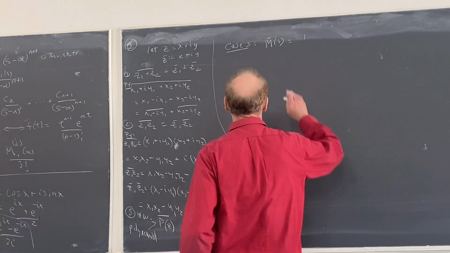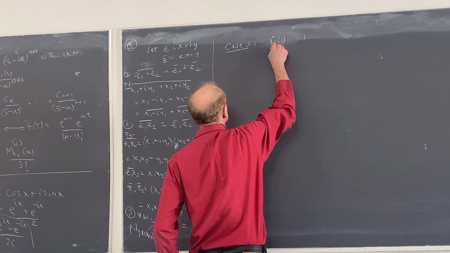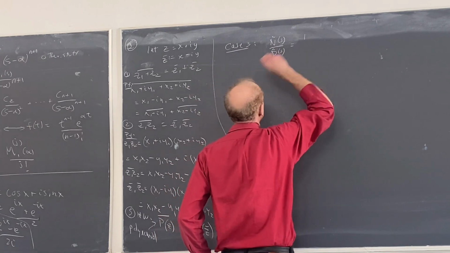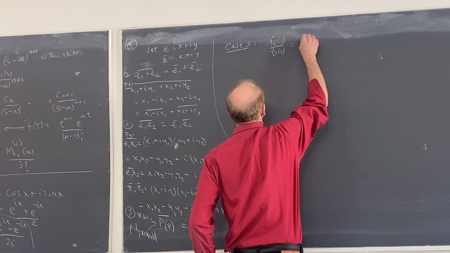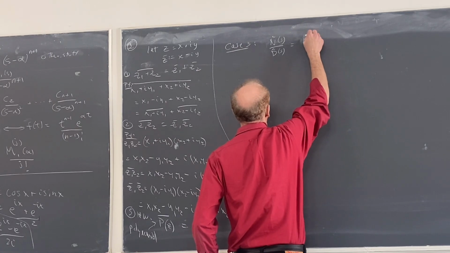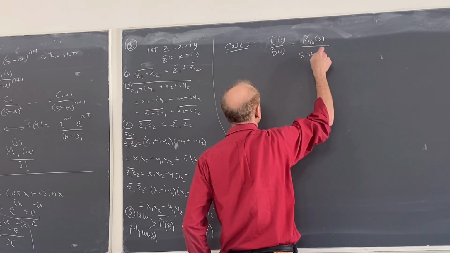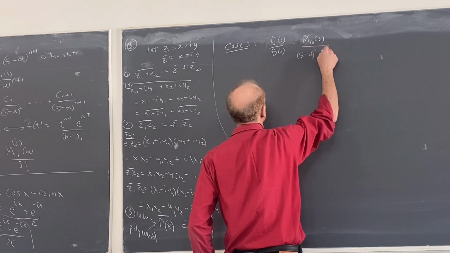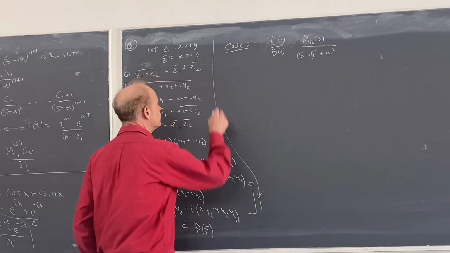Actually, let's make it n tilde of s over d tilde of s, is equal to m, I want to give this some name, m sub a tilde of s, divided by s minus alpha squared plus omega squared, where alpha and omega are real.